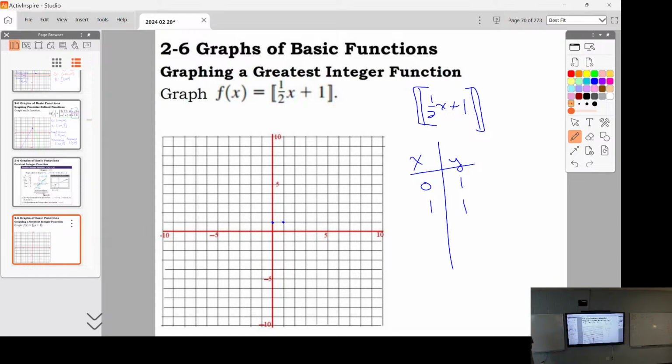If I plugged in, I don't know, plug in a 1/2. I'm going to squeeze in a 1/2 up here. 1/2 of a 1/2 is a 1/4. A 1/4 plus 1 is 1 and a 1/4. And the greatest integer of 1 1/4 is still 1. Okay, so we're still at 1 there. Let's go 3/2.